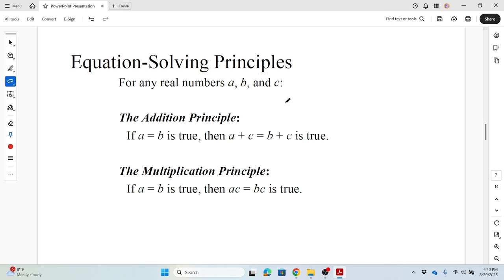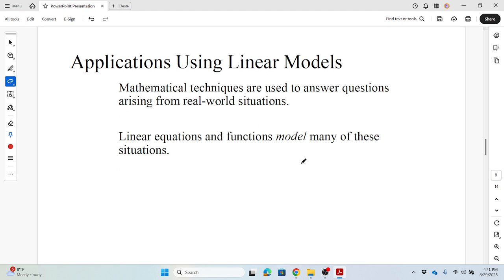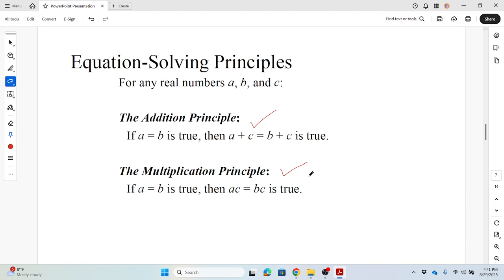So how do we solve a linear equation? We have to know some properties or rules. The first one is the addition principle, the second one is the multiplication principle. Addition and subtraction are the same thing, and multiplication and division are the same thing.